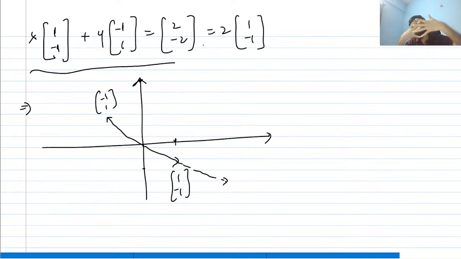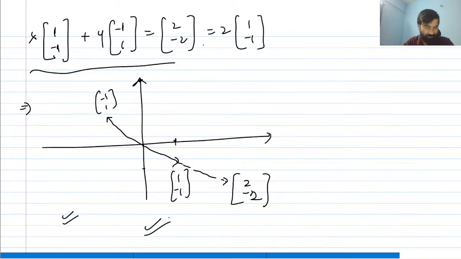It means you can have many points, many solutions on the line. That is the main story. So this is the picture here, and this will be equal to 2 and minus 2. The resultant vector is on the same line, so infinitely many solutions. I believe this is fine.